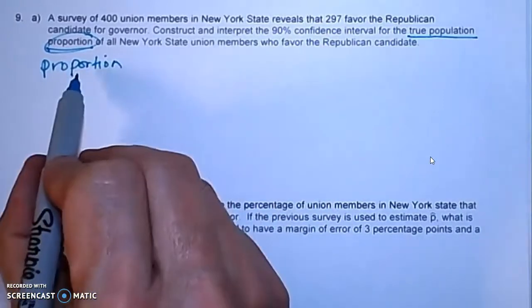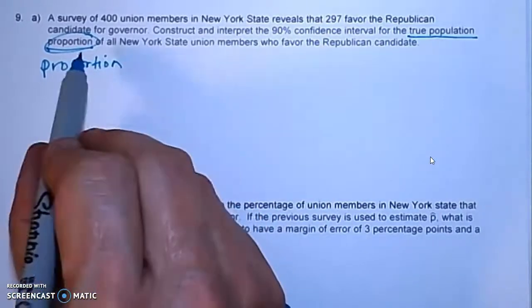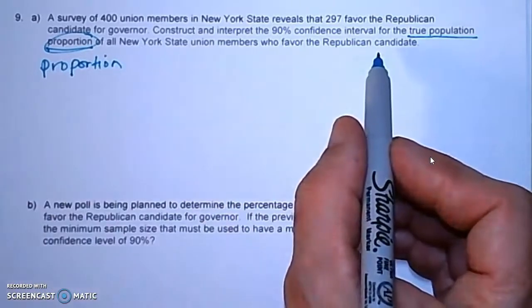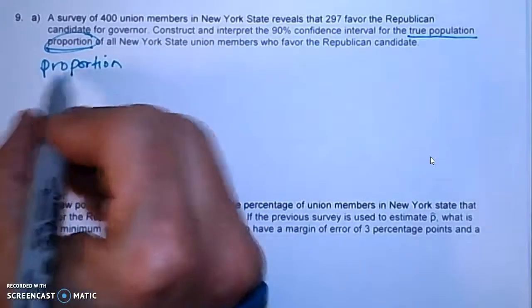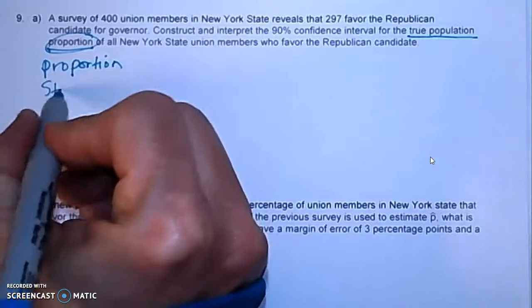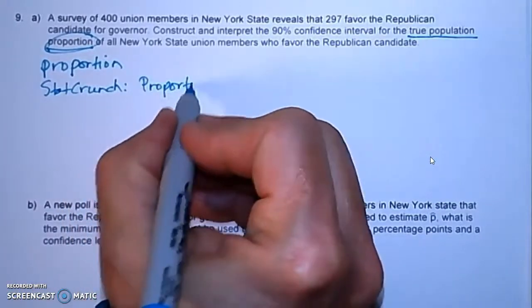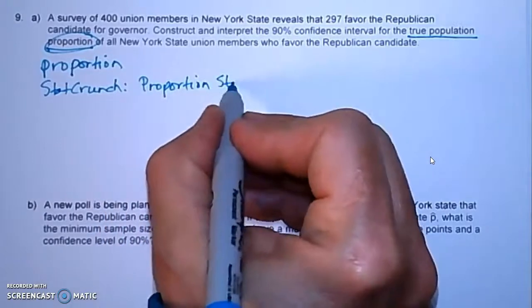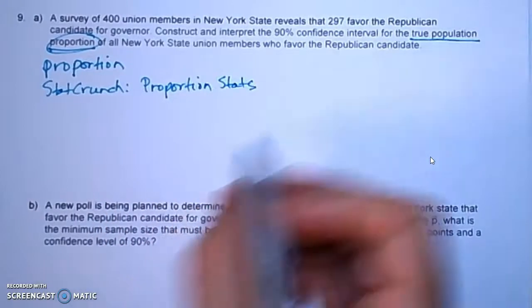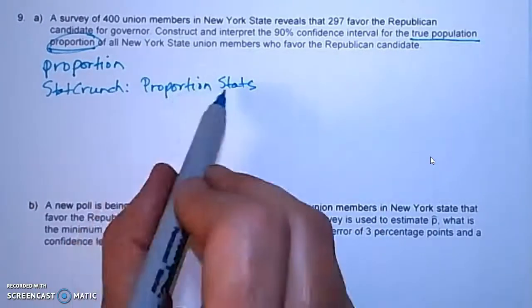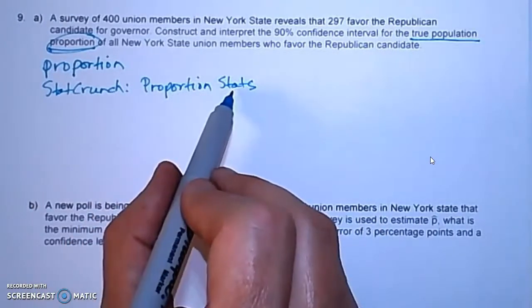So we're trying to estimate the proportion of union members that favor the Republican candidate for governor. That means when we do this in StatCrunch, we're going to use proportion stats. That's why this is so important, because if we're using formulas, this will tell us which set of formulas to use. If we're using StatCrunch, it tells us where to go in StatCrunch.